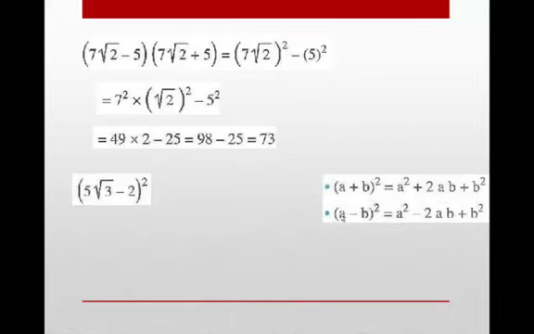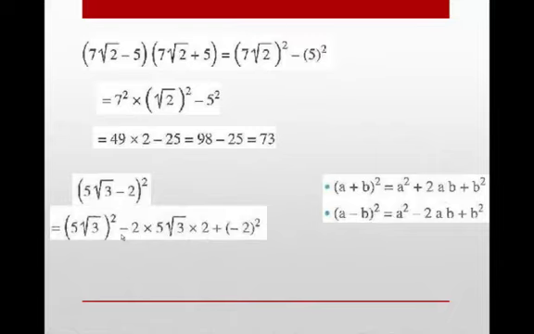And a minus b power 2 equals the first power 2 minus, because it's minus, 2 multiply first multiply second, plus b power 2, the second power 2. Here it is 5 root 3 power 2 minus 2 multiply 5 root 3 multiply 2, plus negative 2 power 2.